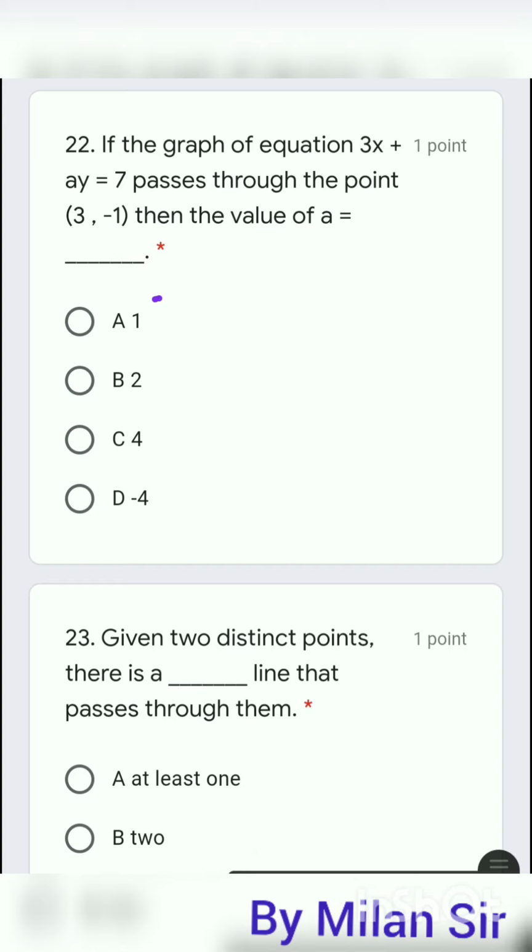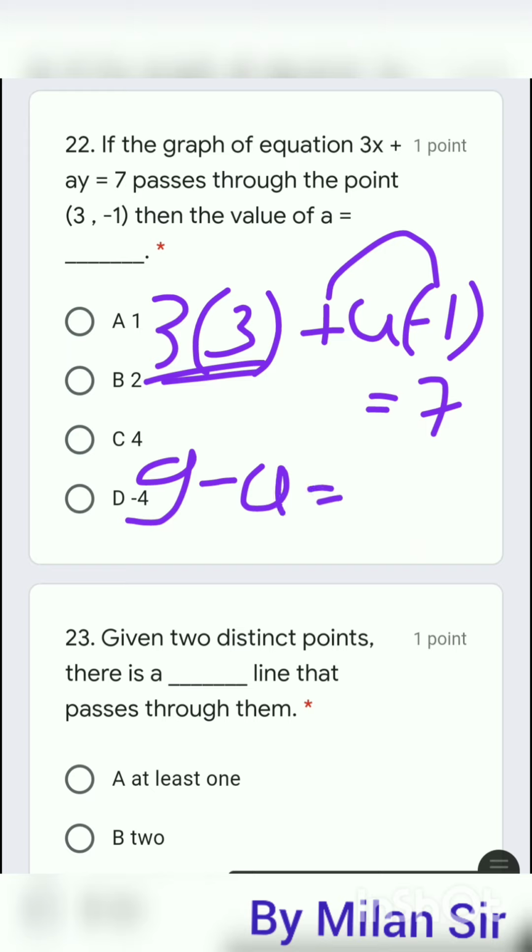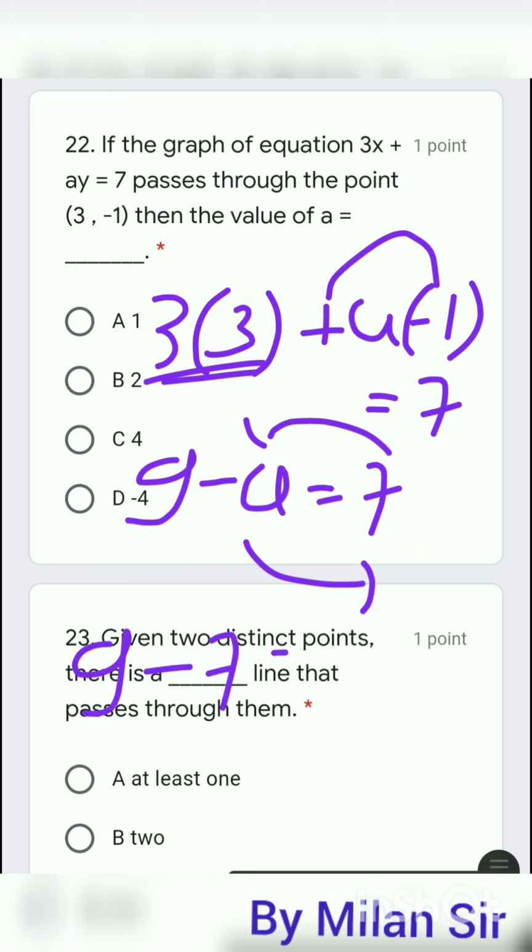So put the values: 3x, in place of x put 3, plus ay, in place of y put -1, is equal to 7. Now here 3 threes are 9, plus minus into a is -a, equals 7. We need to find the value of a, so transfer a to the right hand side and 7 to the left hand side. So here 9 - 7 = a.